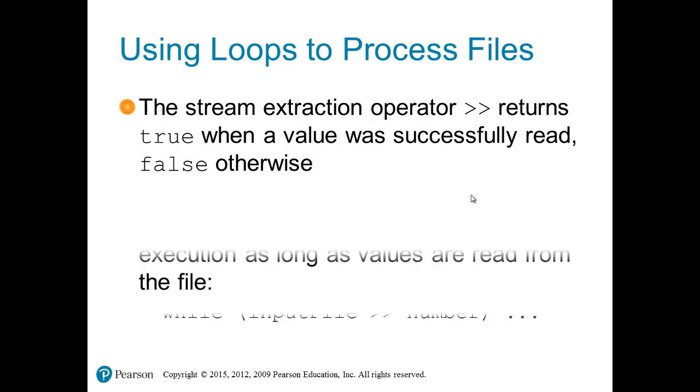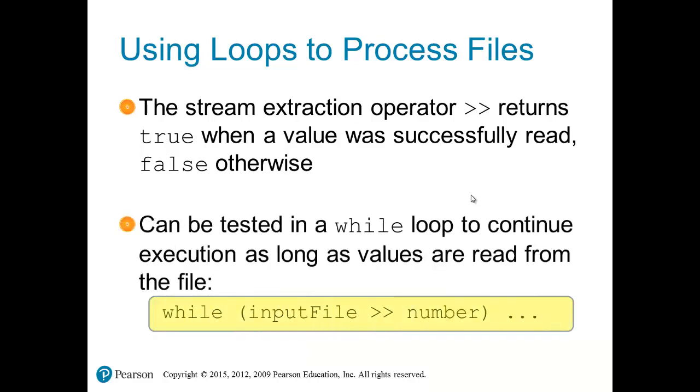So this works really well when we have a loop. So the while loop will continue as long as there's information in the file. And again, you have to be reading in the correct information. So if number is an int type, you better have a file full of ints in this case. While infile >> number, each time it reads something in, that will return a true, and we'll go into the loop and we can process the data.